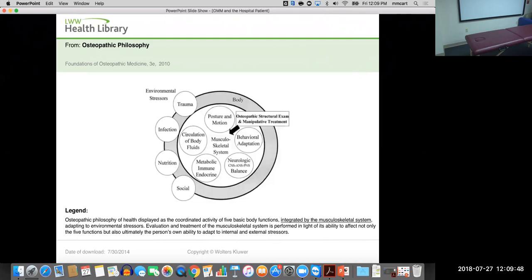So all those are external things. They influence the body, and how well they manage that can be increased or diminished based on the function of the musculoskeletal system. And they have these 5 areas: posture and motion, circulation of body fluids, metabolic, immune, endocrine, neurologic, behavioral adaptations.